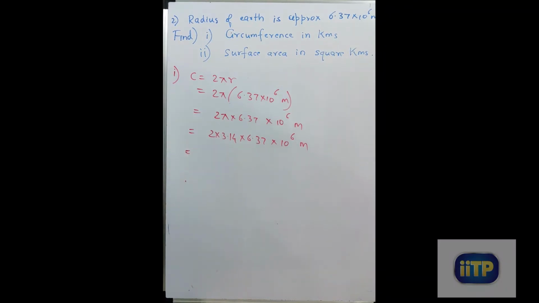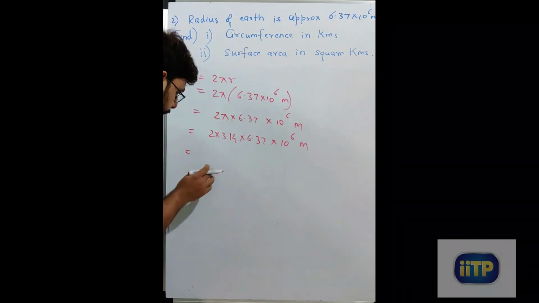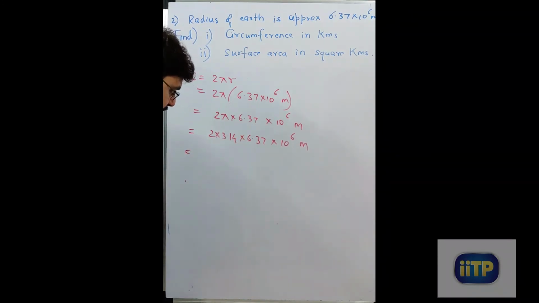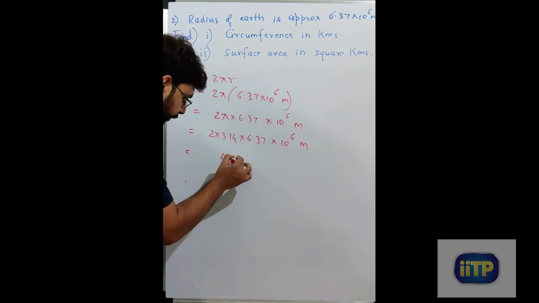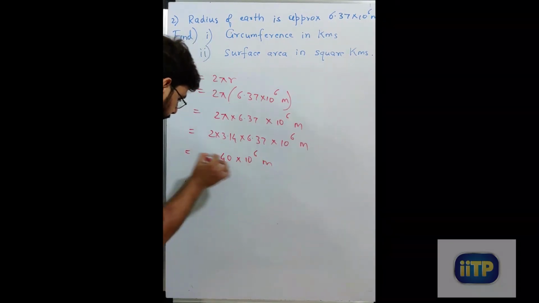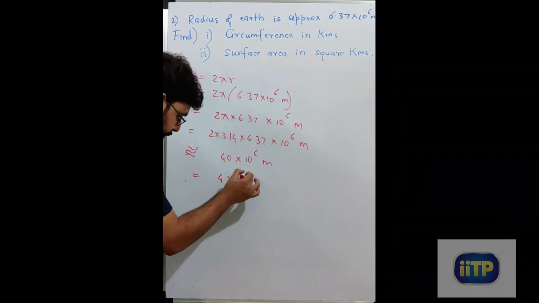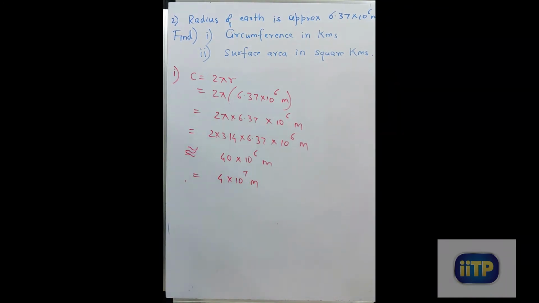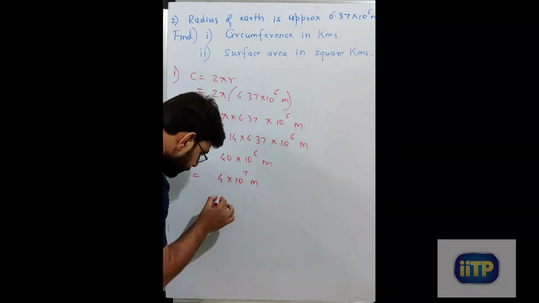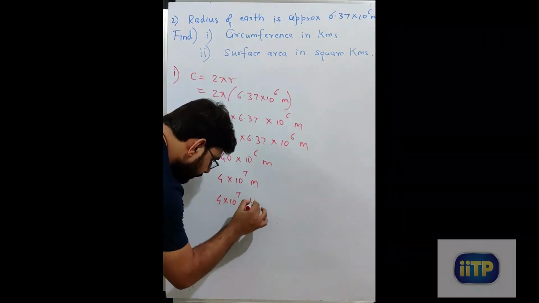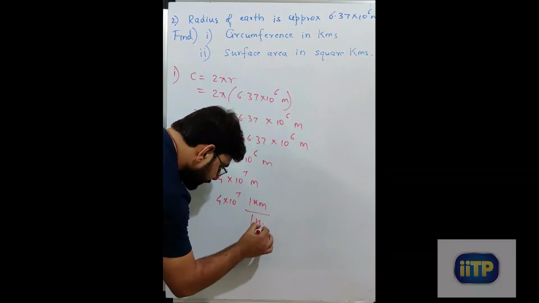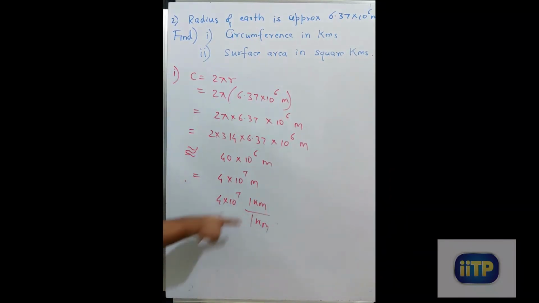So this will be approximately equal to 40 into 10 raised to 6 meter, approximately, right? So you can write 4 into 10 raised to 7 meters. This meter can be written as 4 into 10 raised to 7, 1 kilometer upon 1 kilometer. It doesn't matter because 1 kilometer cancels out, right?